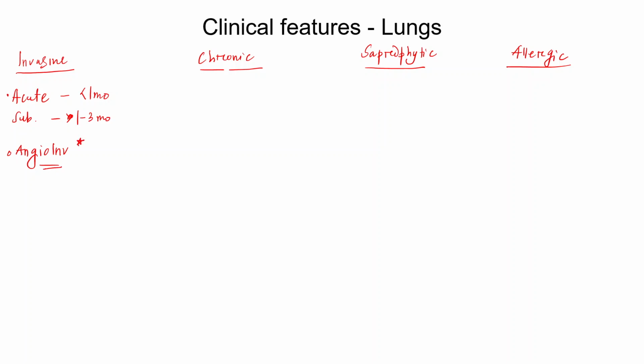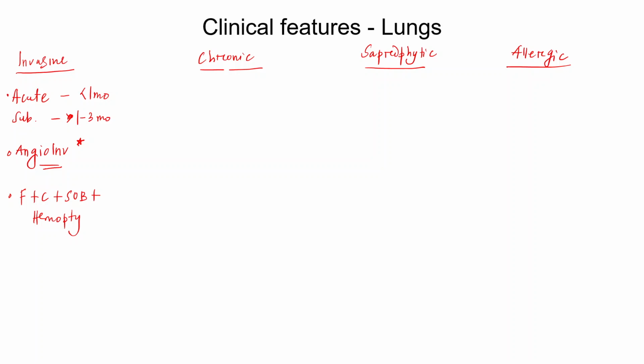That is the reason for causing necrosis and hemoptysis. But it can also be non-angio-invasive. Usually they present with fever, cough, so symptoms of pneumonia: fever, cough, shortness of breath, hemoptysis, etc. I'll be discussing the radiological findings later. So this is about the invasive infection.